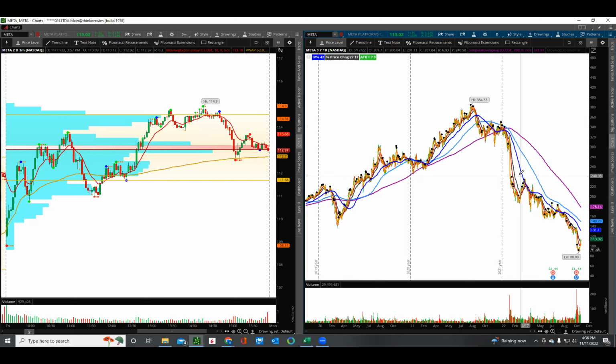So again, they're lagging, okay? Leading indicators give you a real-time picture of what's happening. Lagging indicators just help you determine, in this case, an overall trend, right? But they are lagging because they have to have historical data in order for them to produce their results.